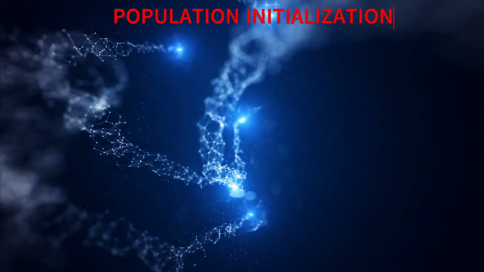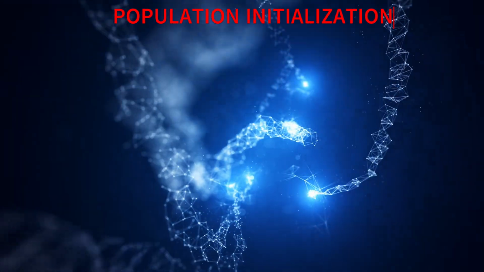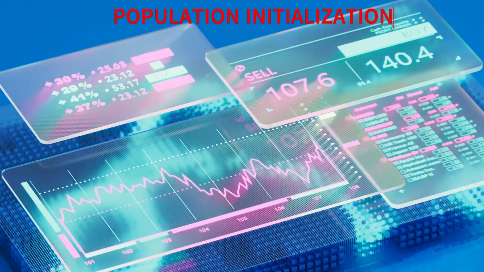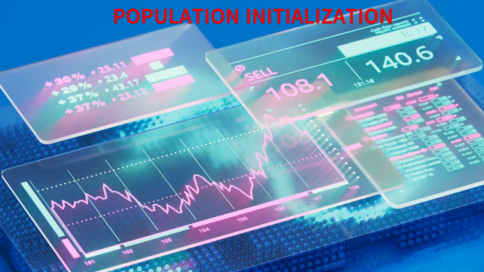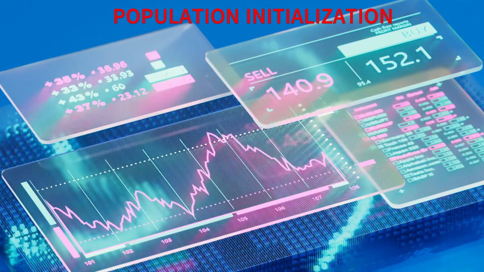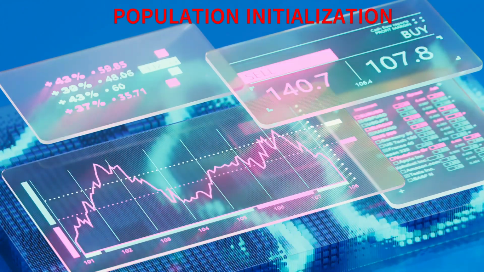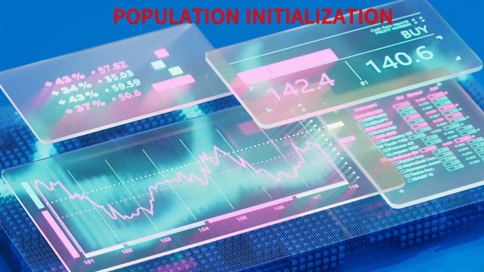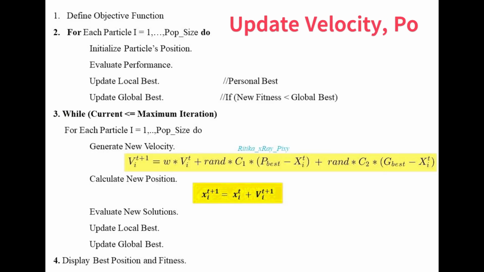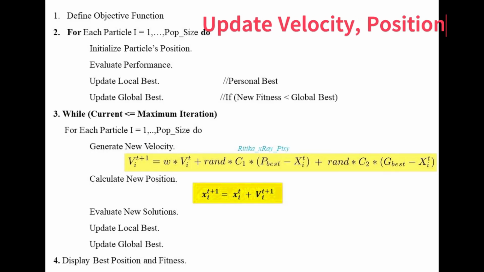After that, we will evaluate the performance of each particle's feature subset using a classifier. Then after that, we will update the personal best and the global best position of each particle based on their performance evaluation using the objective function.